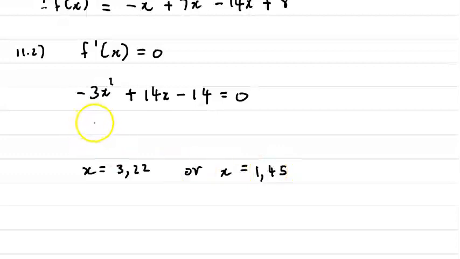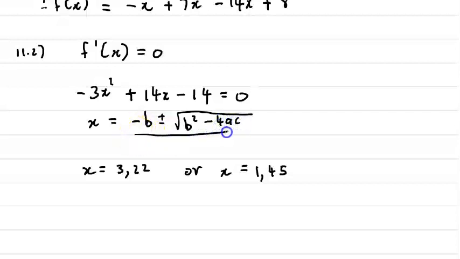And here what we'll do is we'll just say x equals minus b plus or minus the square root of b squared minus 4ac all over 2a, and then let's show our substitution here.